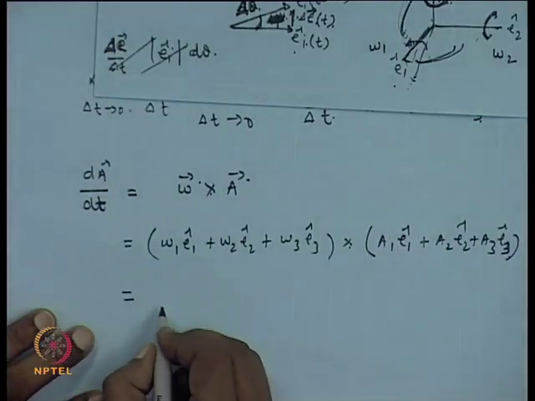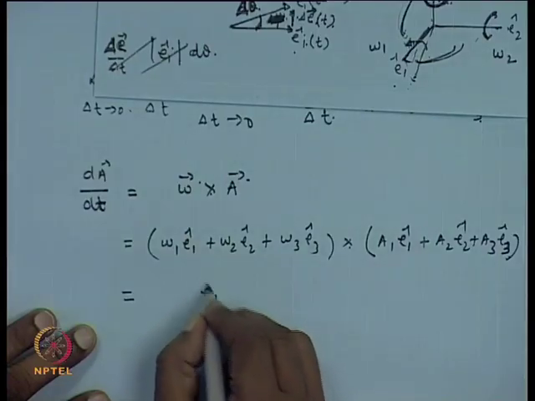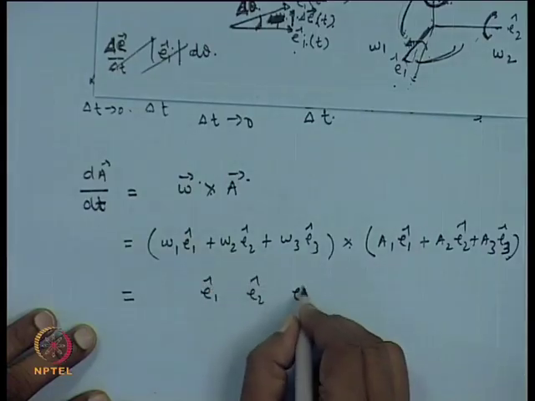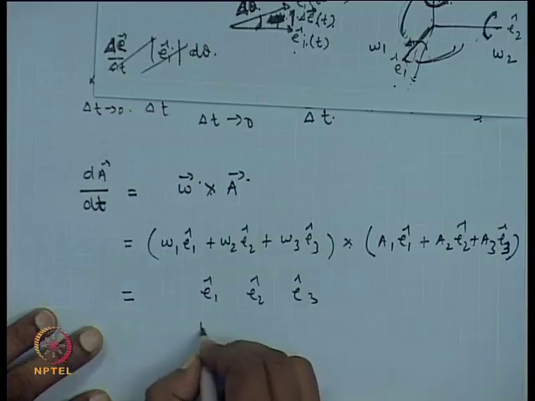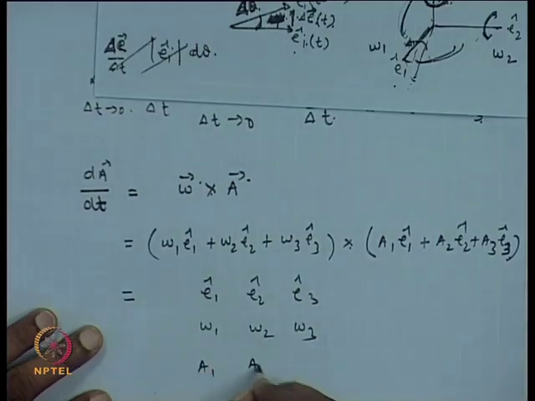So, if you break it up taking the cross product, you can write it in this way: E 1, E 2, E 3 and omega 1, omega 2, omega 3, A1, A2, A3.